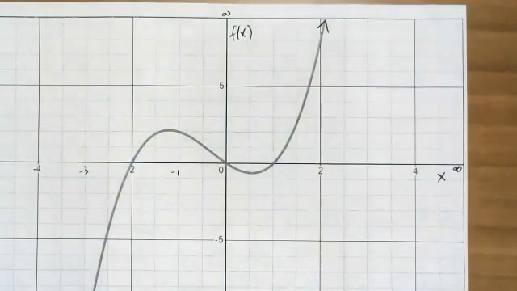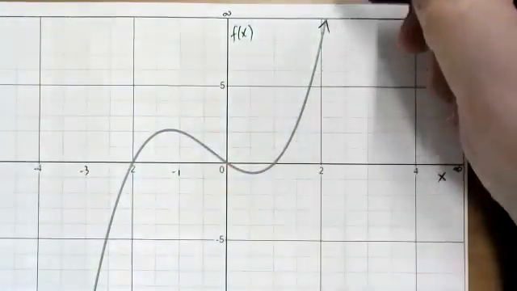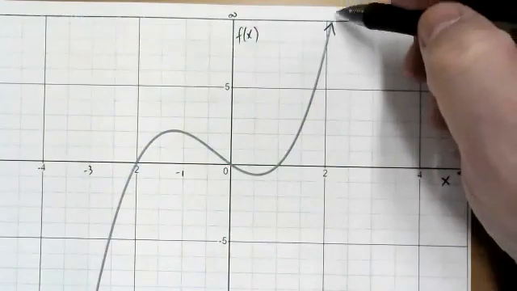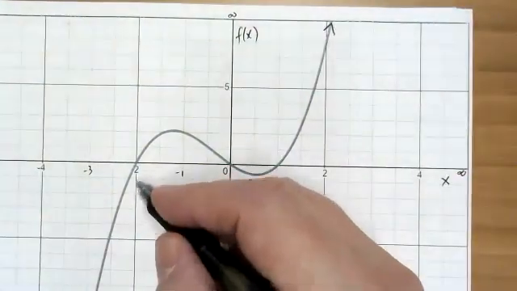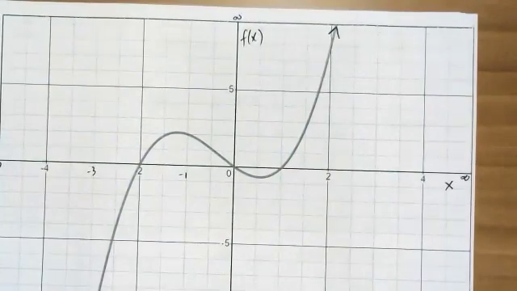So this makes sense because this graph here, it's going up and it's getting wider and it goes on forever. The other side, it goes down, it gets wider, it goes on forever.